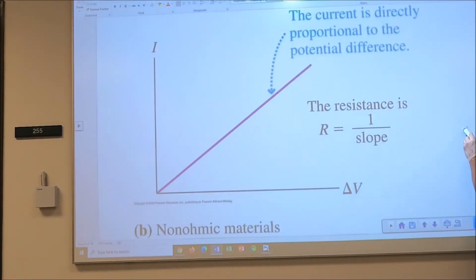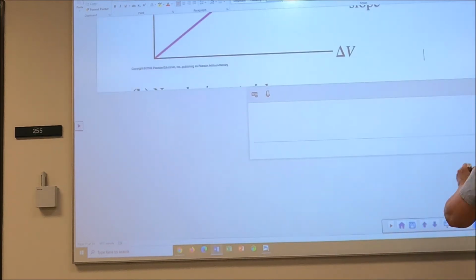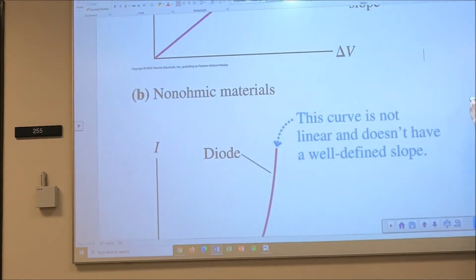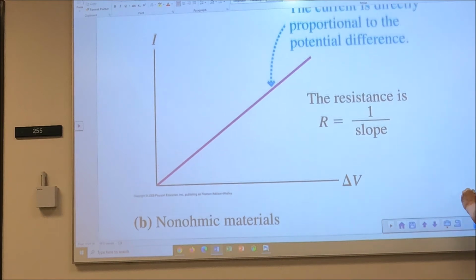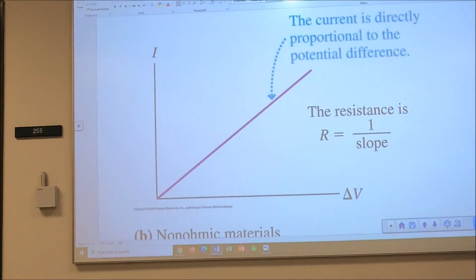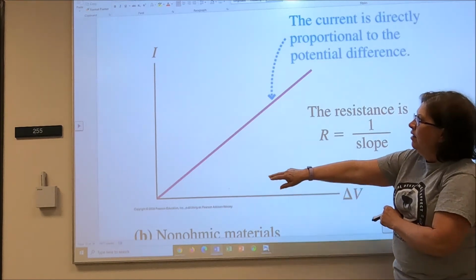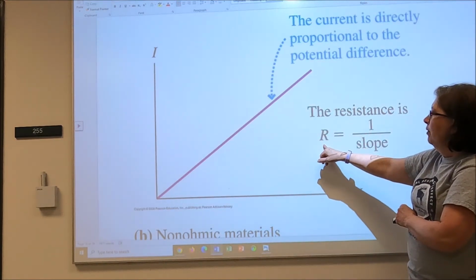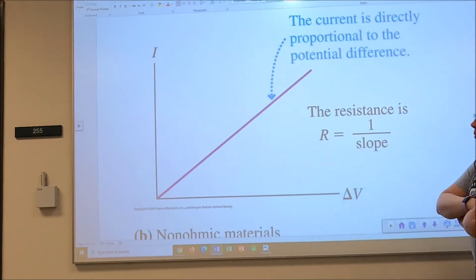So, in an ohmic material, as you increase the electrical potential across it, the current goes up. Resistance equals 1 over the slope.